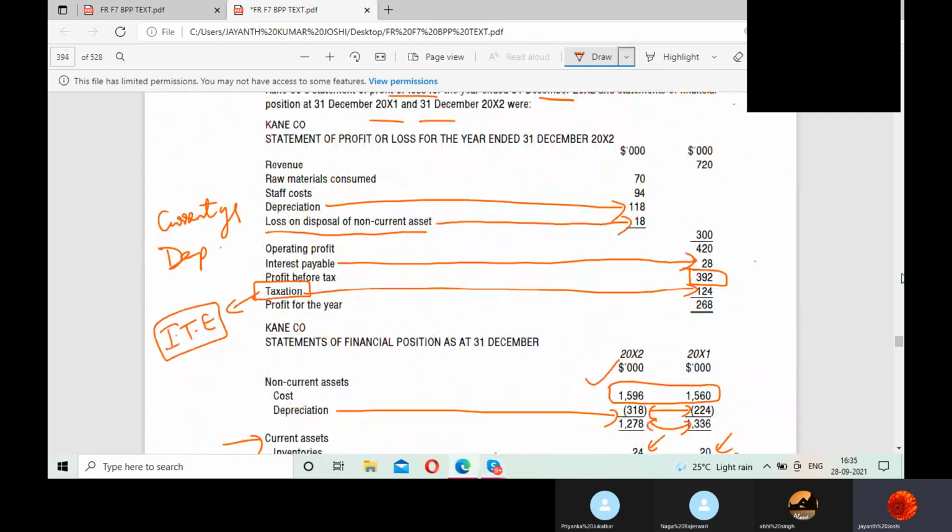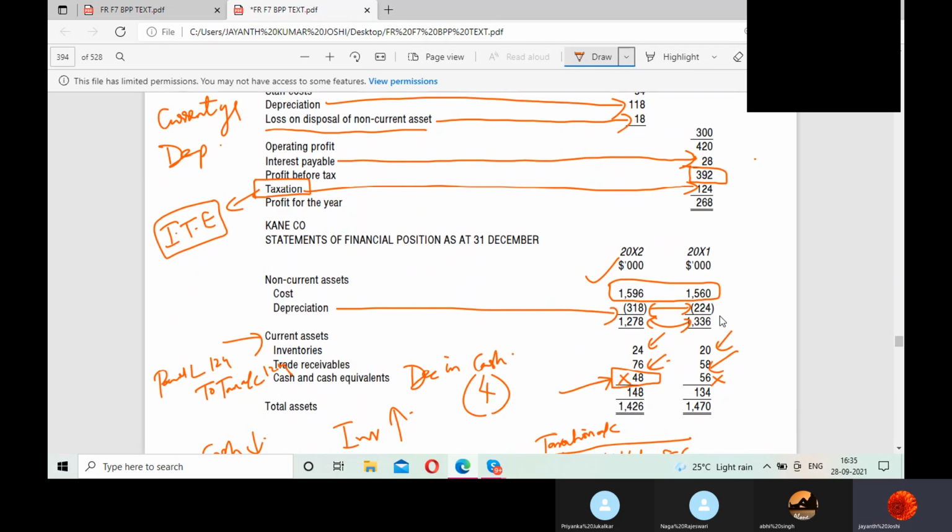So we'll make a T-shape account again. So this is the balance at the beginning of the year. After adjustment of depreciation, this is the balance at the end of the year.